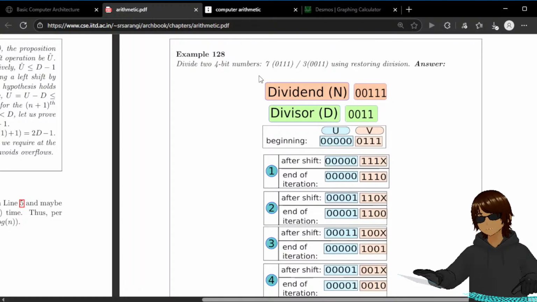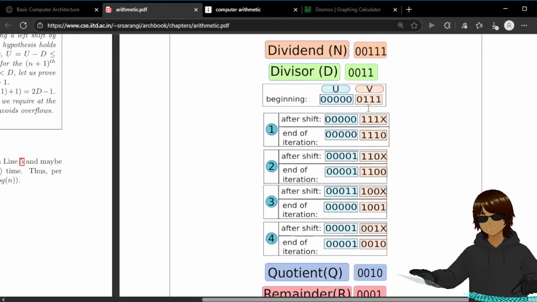Divide two 4-bit numbers, 7 which is like this, 4 which is like this, using restoring division. So uv, you have unknown, you have left shifted. At the end of the iteration, this is still 0 and this is 0.